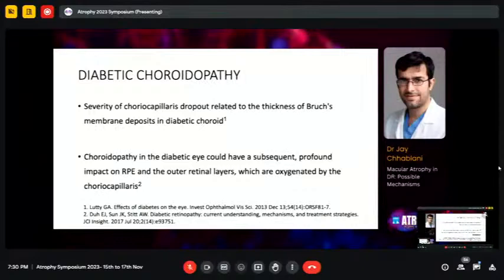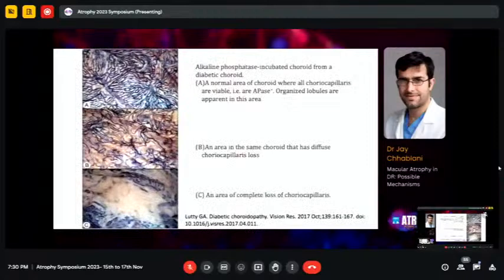What about diabetic choroidopathy? Severity of choriocapillaris dropout is related to the thickness of Bruch's membrane deposits in diabetic choroid. Diabetic choroidopathy could have a subsequent profound impact on RPE and outer retinal layers, which are oxygenated by choriocapillaris. This work from the late Professor Lutty showed there is significant damage to the choroidal structures, and as you can see in the last figure, there is a complete loss of choriocapillaris.